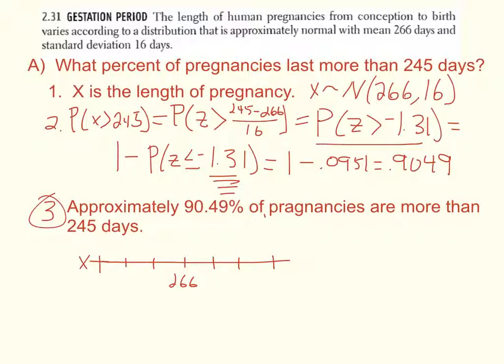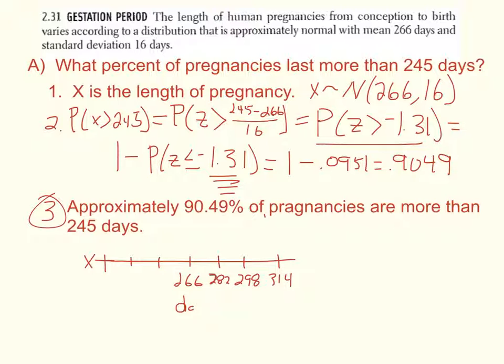So if that's 266 with a standard deviation of 16, that means this is going to be 282, plus 16 more, 298, and 314.